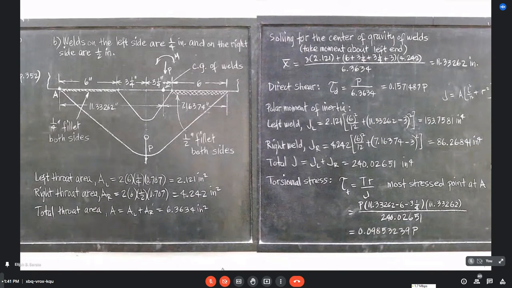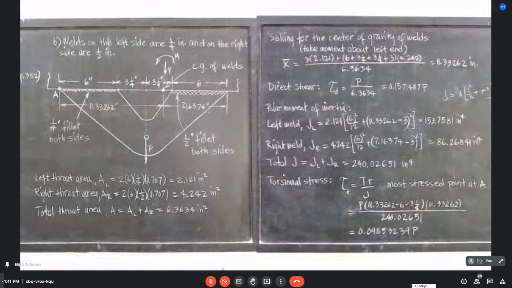Let me calculate. .33262 minus 6 minus 3.25.